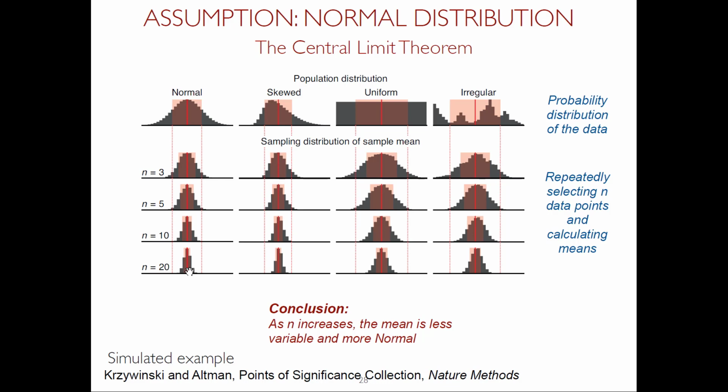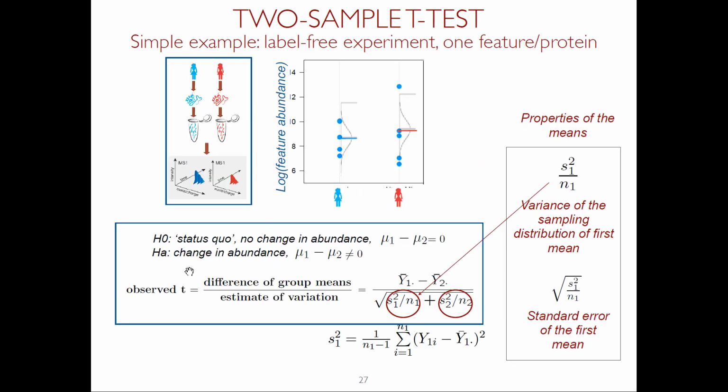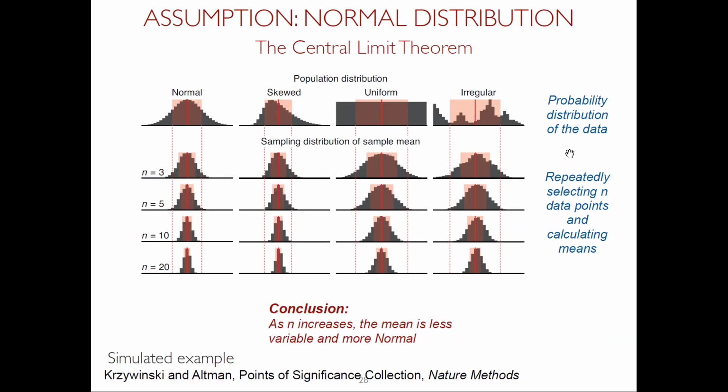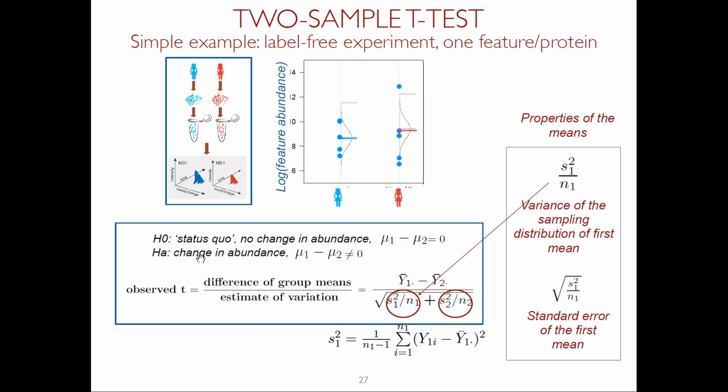And so now, if I go back to my formula, this was the variance in the population. The variance divided by the sample size is the variance of these distributions. And so now we see that if we want to construct the noise associated with the signal, we'll say, okay, how much variability do we have associated with this mean?